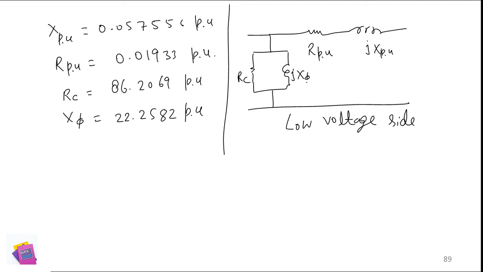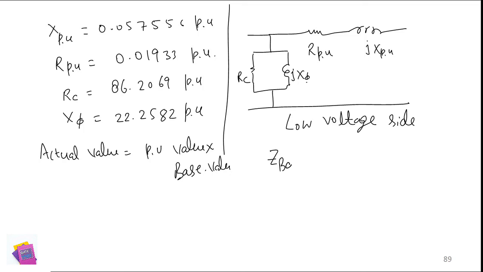To convert into actual value, you have to multiply each per unit value with the base value. So you have to find out Z base.